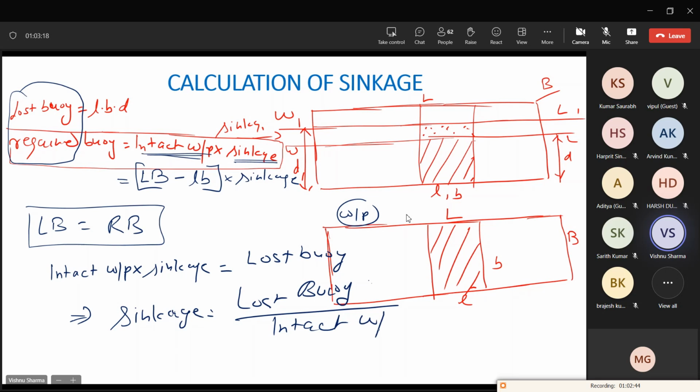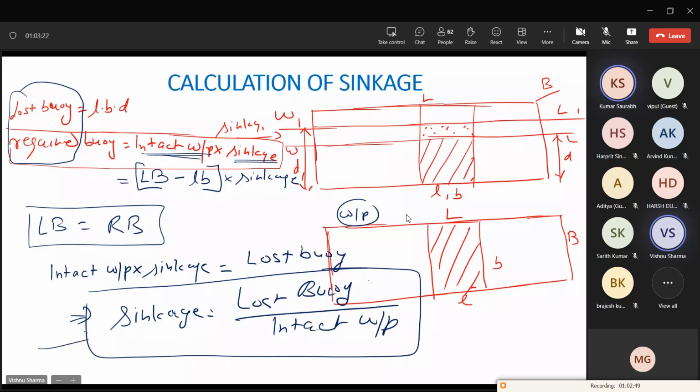Do you agree with this now? Yes, sir. This will be the formula to calculate sinkage. Somebody was asking about sinkage.